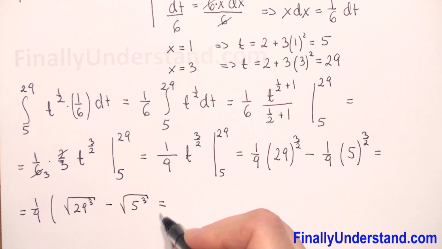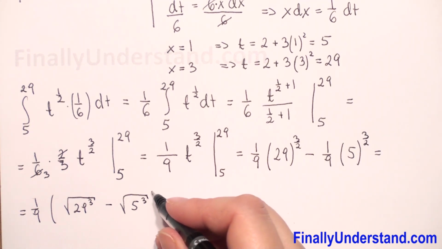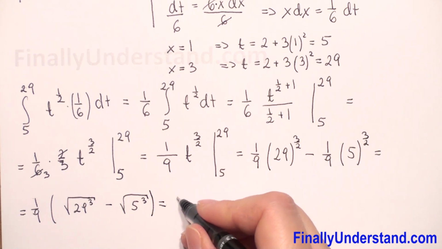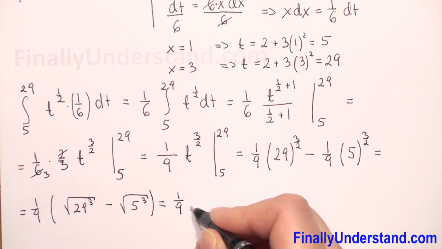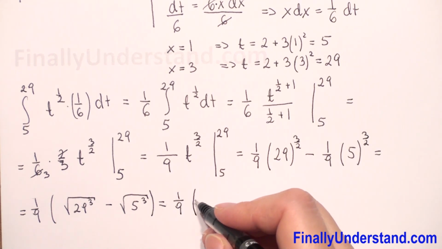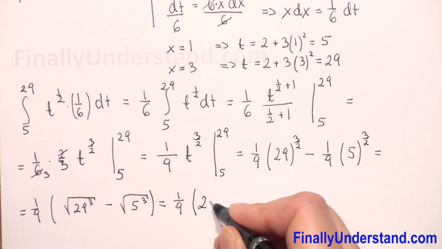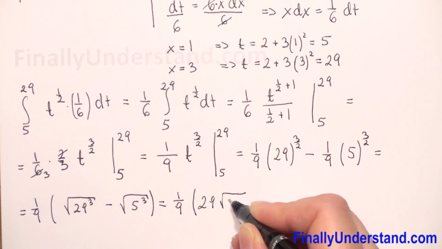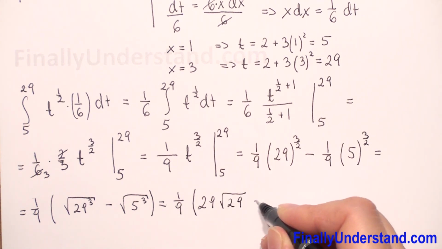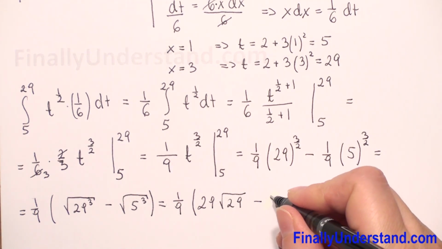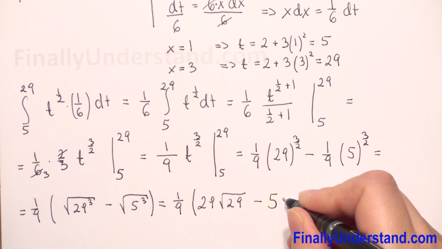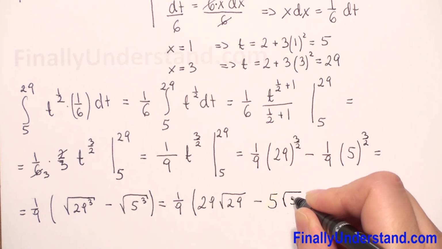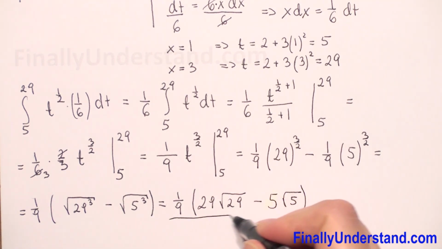So this is equal, I have to close parentheses, 1 over 9 we have to copy, and in parentheses we will have 29 times the square root of 29 minus 5 times the square root of 5. This is my solution.